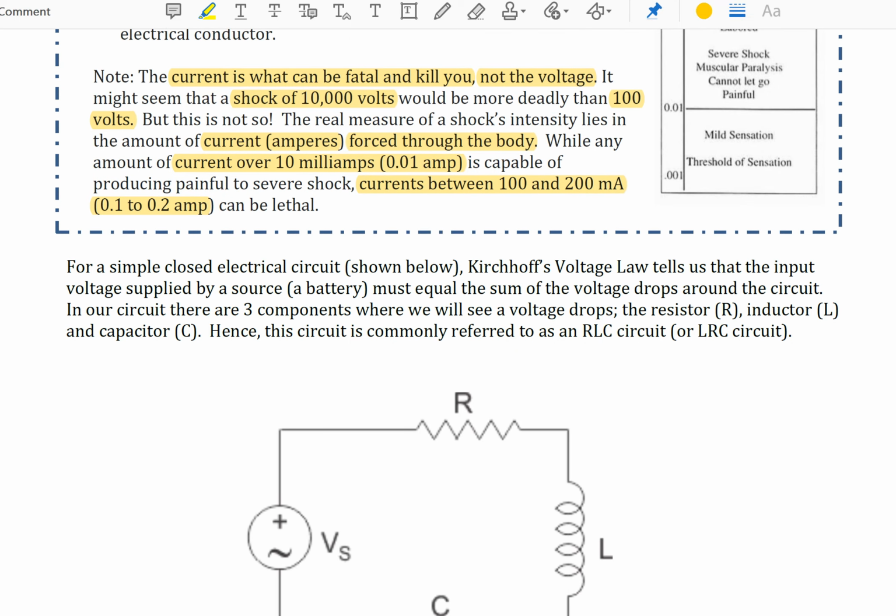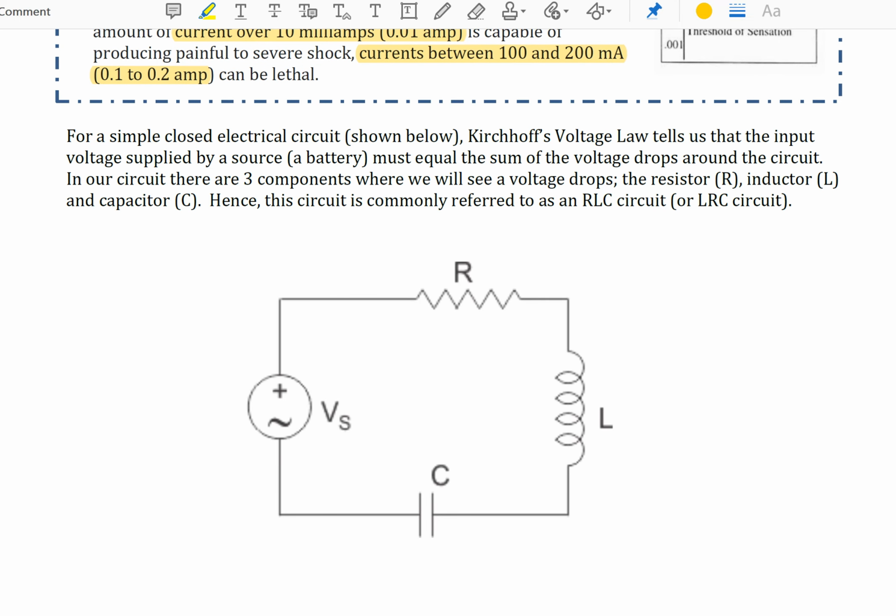Now, for a simple closed electrical circuit, shown below, Kirchhoff's voltage law tells us that the input voltage that's supplied by a source or a battery here must equal the sum of the voltage drops around the circuit.